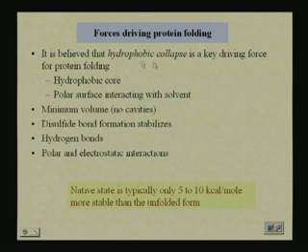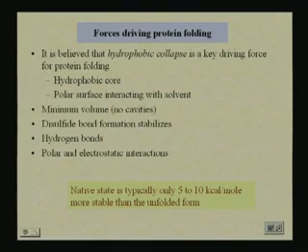Now, what we mean by this is that you know that the core of the protein is hydrophobic in nature. So it may so happen that initially when the polypeptide chain is formed, there is a hydrophobic collapse, meaning that there is a hydrophobic core formed first, and the rest of the protein chain then will gradually form alpha helices or beta sheets or interconnectors such as loops or turns to bring about the three-dimensional structure.